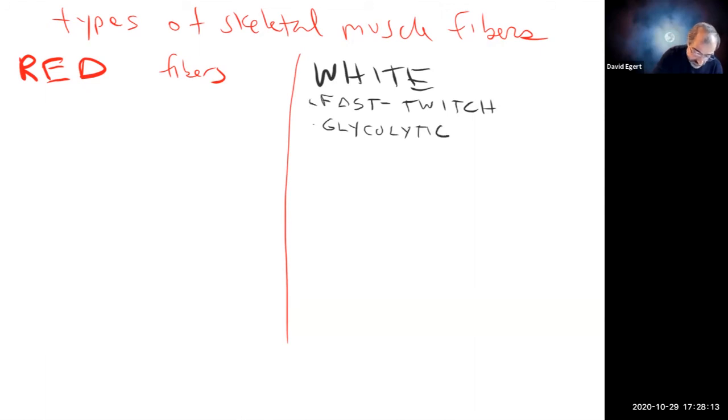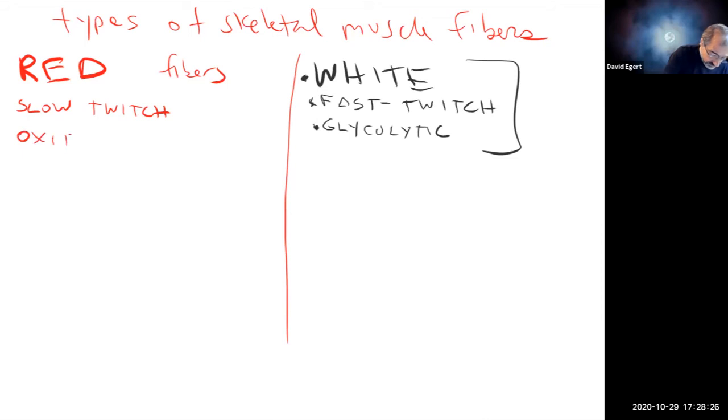These are all synonyms. Red is also called slow twitch. It's also called oxidative. And you'll see why these names make sense.